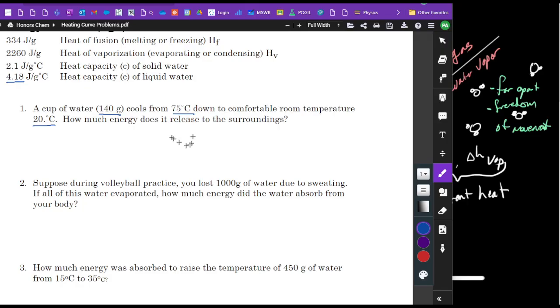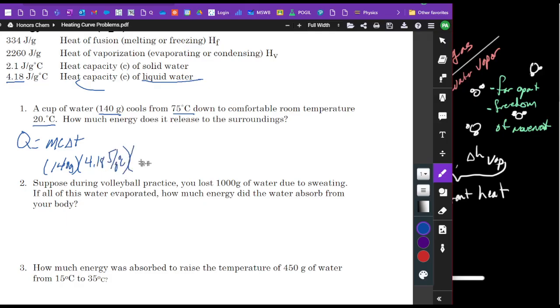All right. So that means we're going to use what equation? Q equals MC delta T. So what's our mass? We've got 140 grams. We have C of liquid water, so that's going to be the 4.18 joules per gram degrees Celsius.